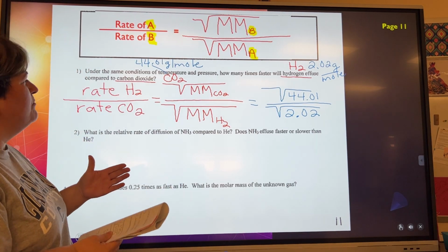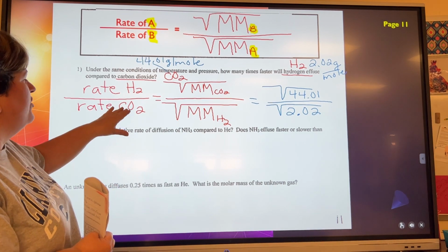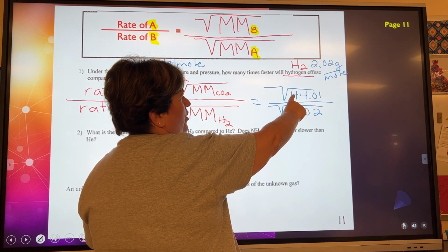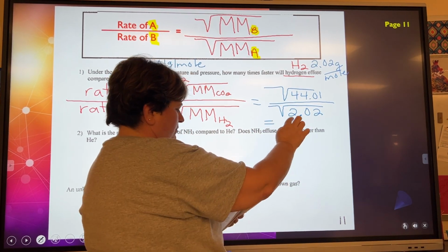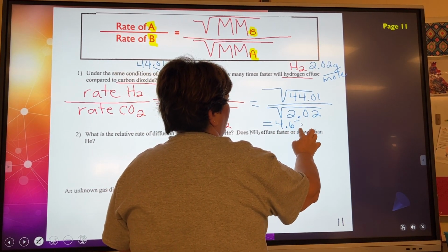So how many times faster is hydrogen, H2, compared to CO2? When I take the square root of 44.01 divided by the square root of 2.02, I am going to get 4.67.